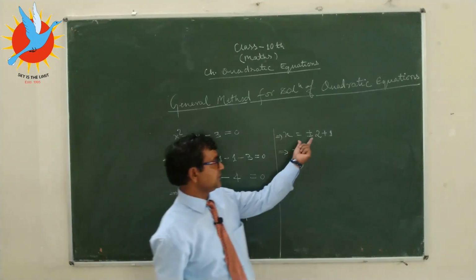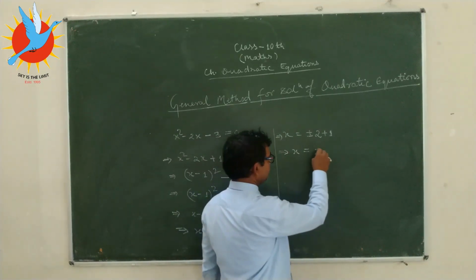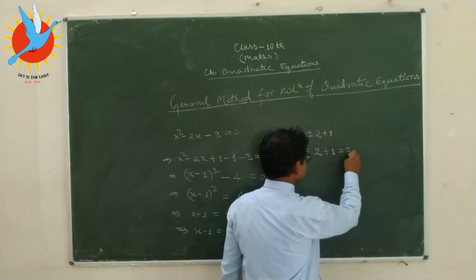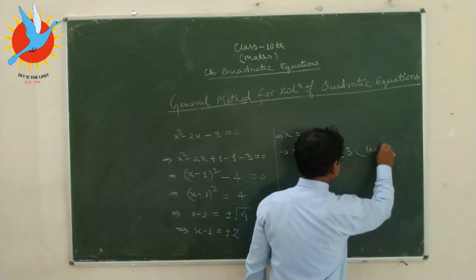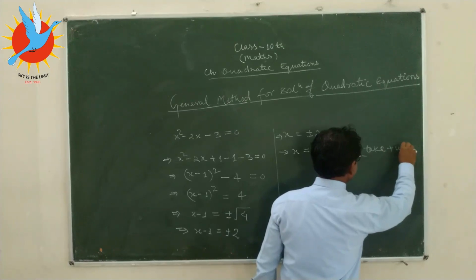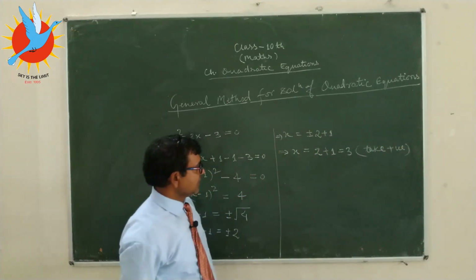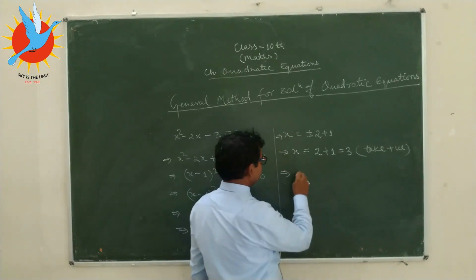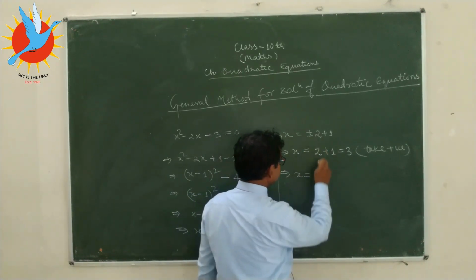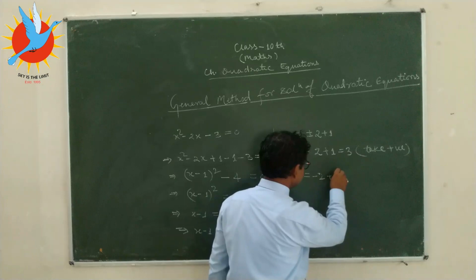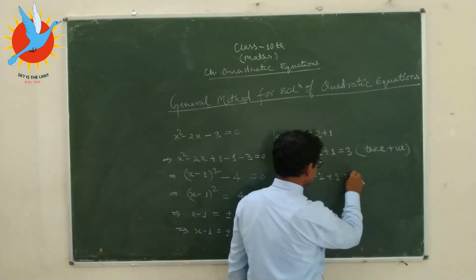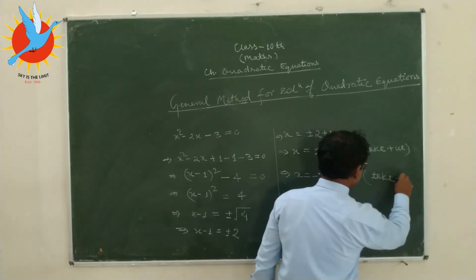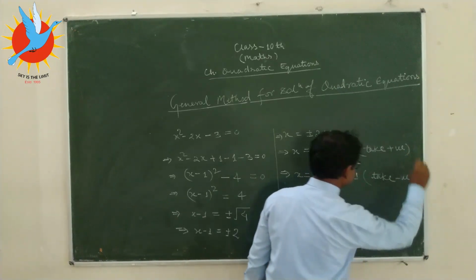If you take the positive sign, we have 2 plus 1 equal to 3. And x equal to minus 2 plus 1 equal to minus 1 if you take the negative sign.